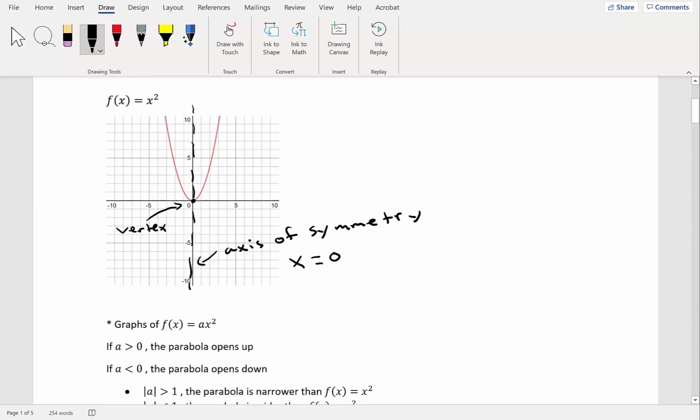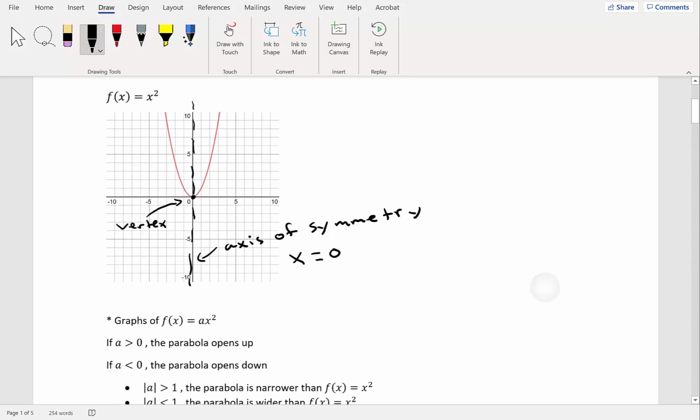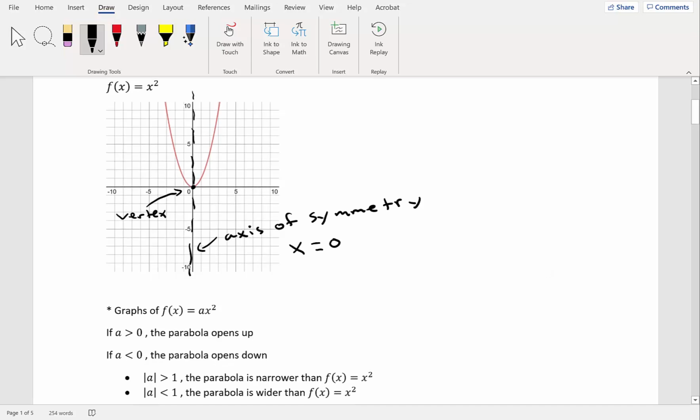So now when we're taking a look at graphs of f of x equal to ax squared, if a is positive, so if a is greater than 0, that indicates the parabola opens up. So we'll have a parabola that opens upward. If a is less than 0, so if your a is negative, that means your parabola is going to be opening downward.